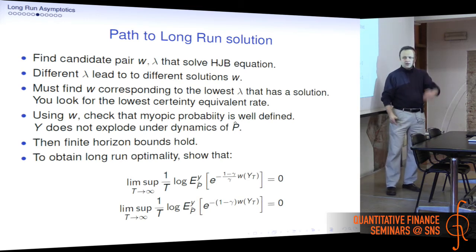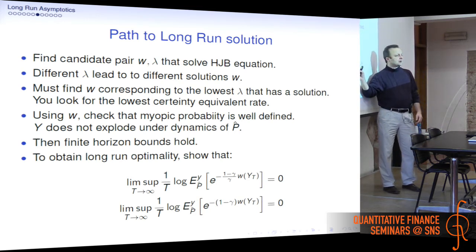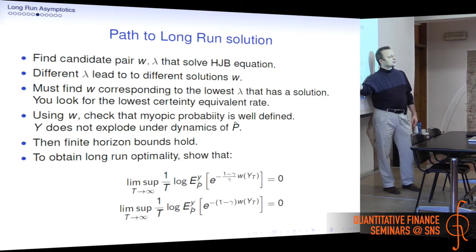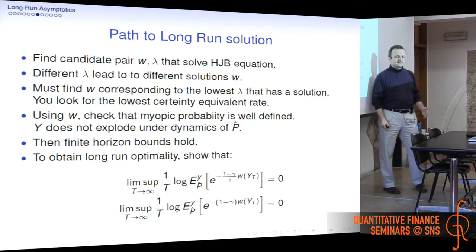So when T is large, this will have a long-run distribution. So the only problem is whether W raised to this exponential is making the distribution of Y have tails that are too fat, so that this expectation blows up, okay? But in many cases, it doesn't.